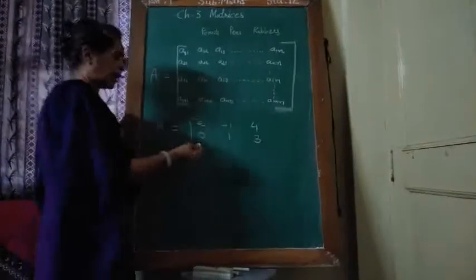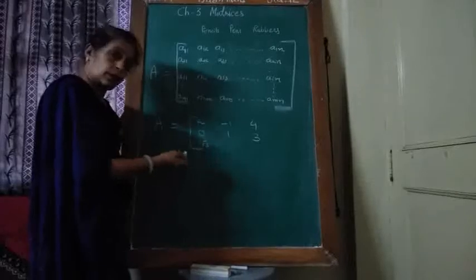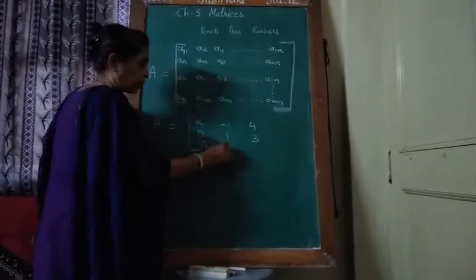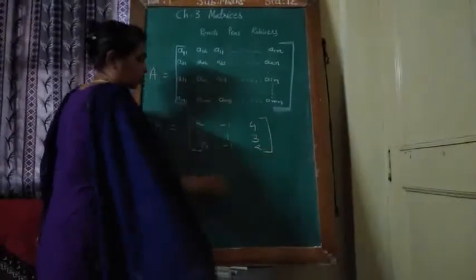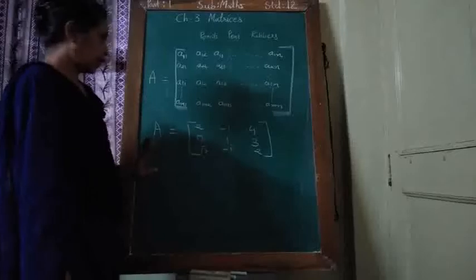Whatever you can write, a real number, also root 3, or you may write something like root 3 minus i2, a complex number. Real number or complex number, whatever you write here.